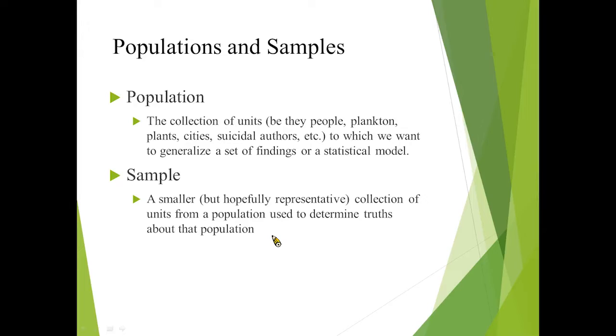Okay, so now we continue to talk about the population and the sample. So what is the population? The collection of units, be they people, plants, or cities, about which we want to generalize a set of findings or a statistical model. And the sample is a smaller collection of units from the population used to determine truths about the population. So the population is bigger than the sample.